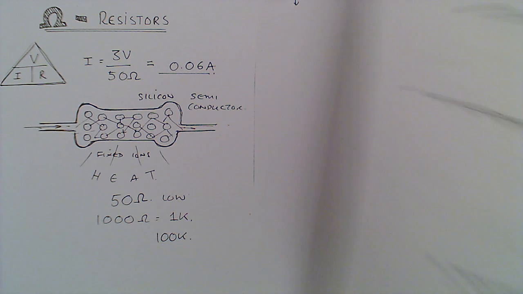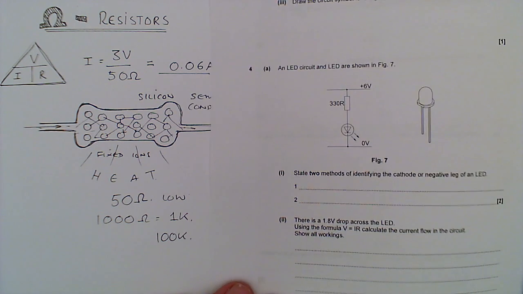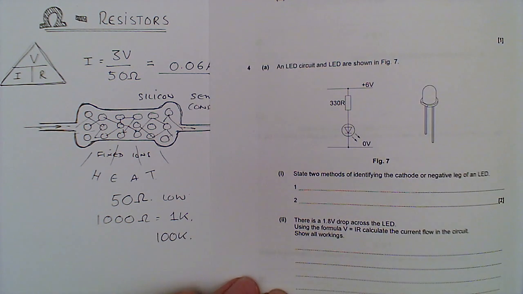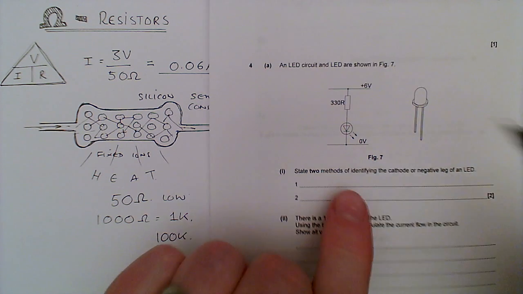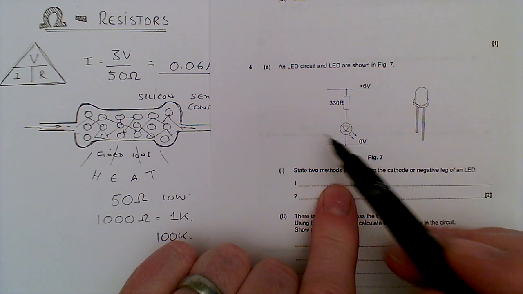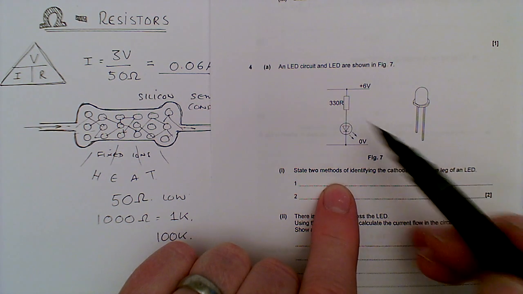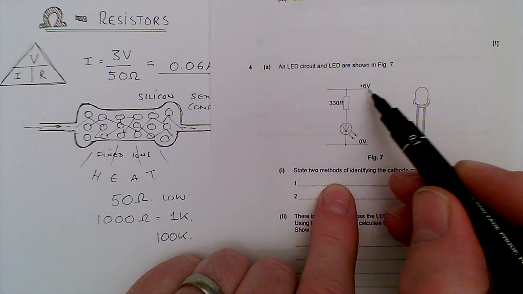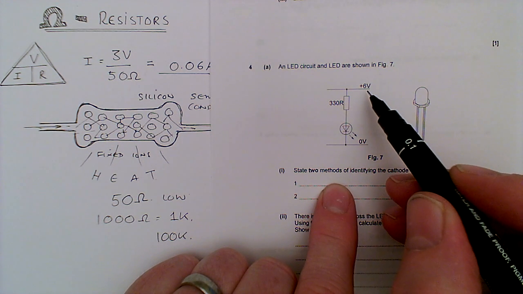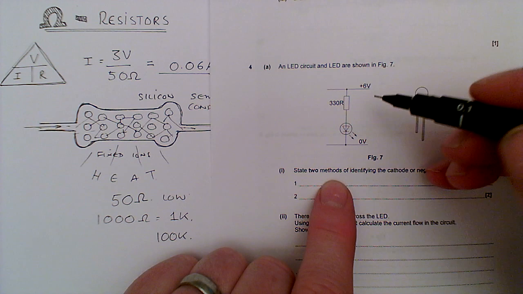So if we have a look at the sample paper, we have a question, and I'm going to use this part of this question. The answers are already given here. We've got a potential of 6 volts in total coming from some sort of power source. You don't need to worry about that.